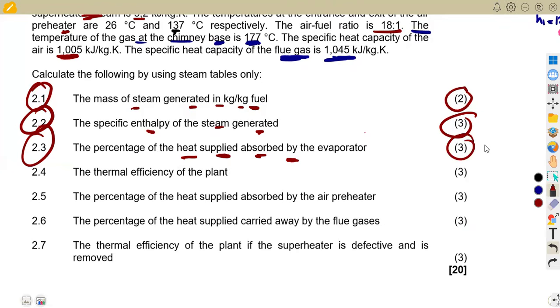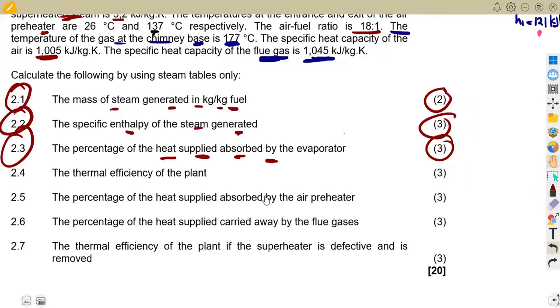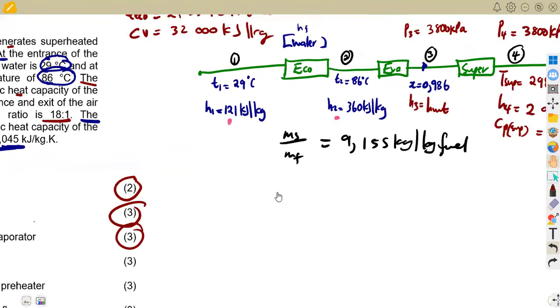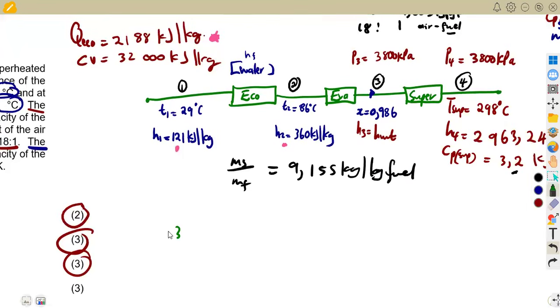We talked about this type of question, but remember I said the thermal efficiency is supposed to be given like this. So when you're given this percentage of heat that is taken to the evaporator, they need the thermal efficiency, and that thermal efficiency is for the evaporator.